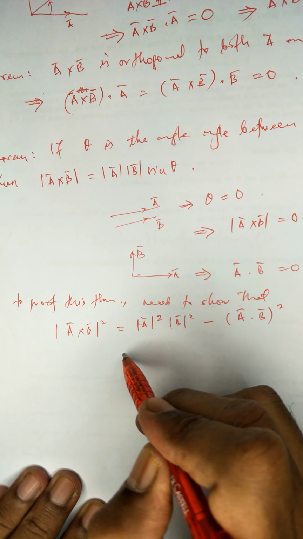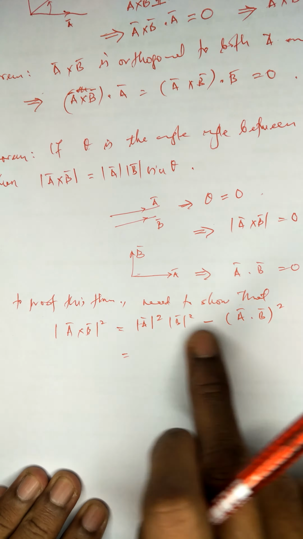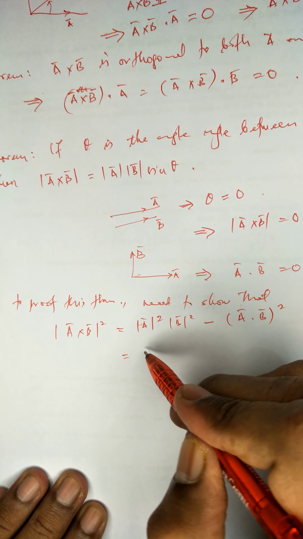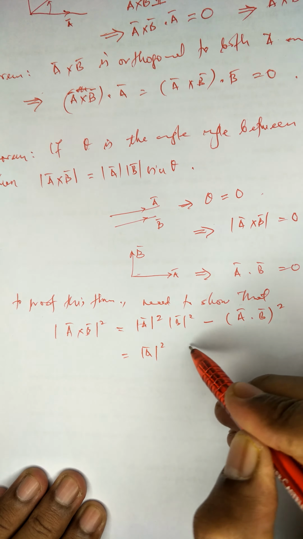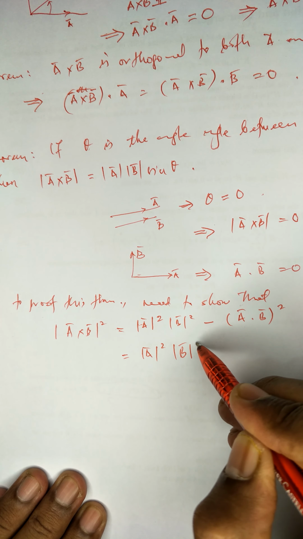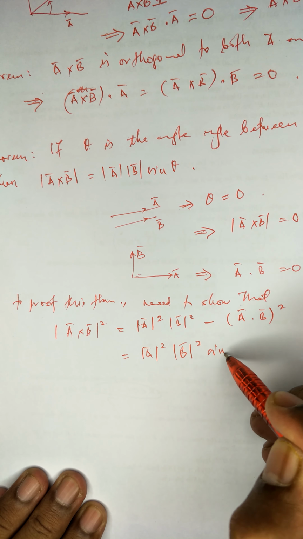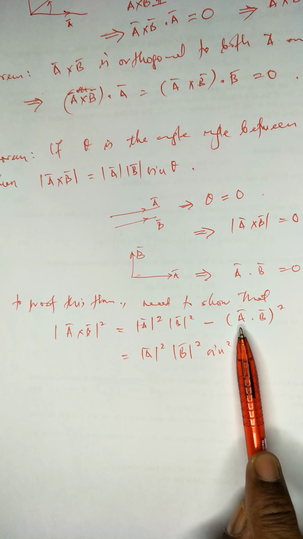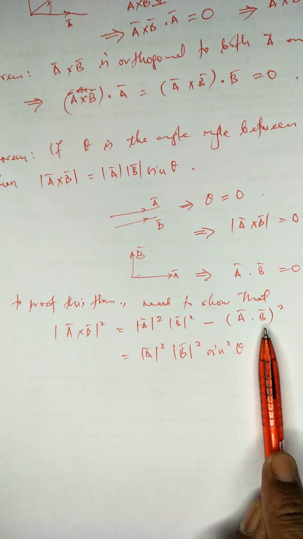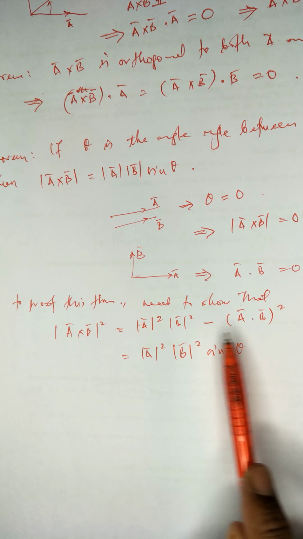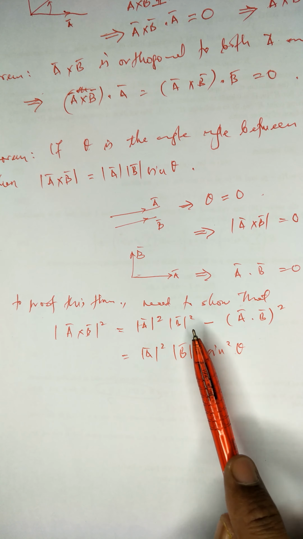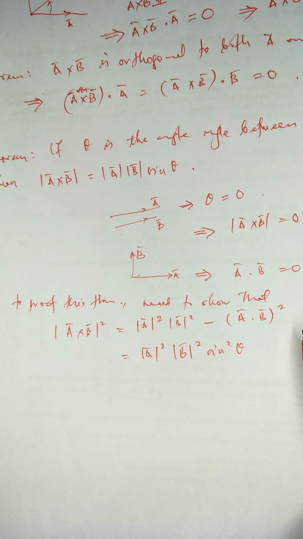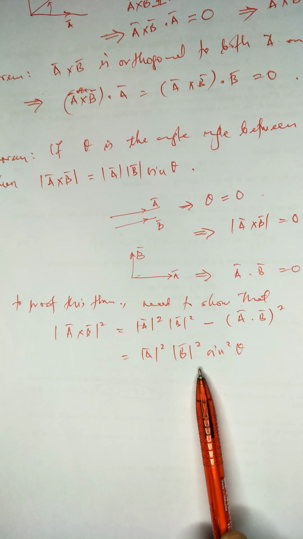If you can show that, then it is not difficult to show A squared B squared sine squared theta, because by definition A dot B is magnitude A magnitude B cos theta, and we factor out A squared B squared, so what is left is 1 minus cos squared, which is sine squared.